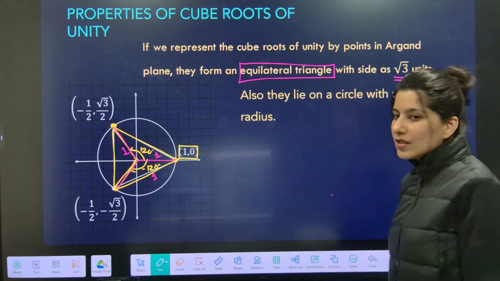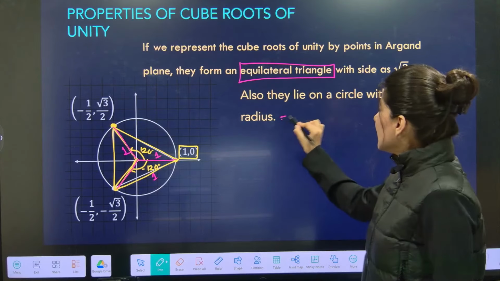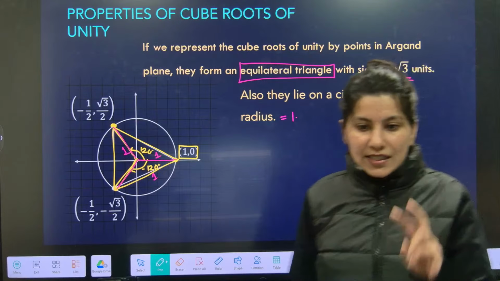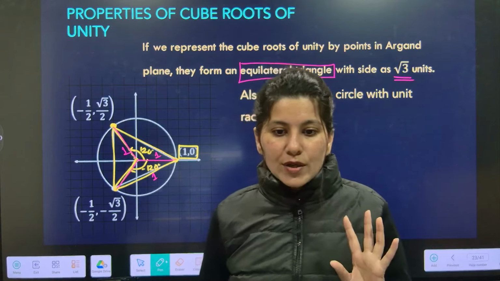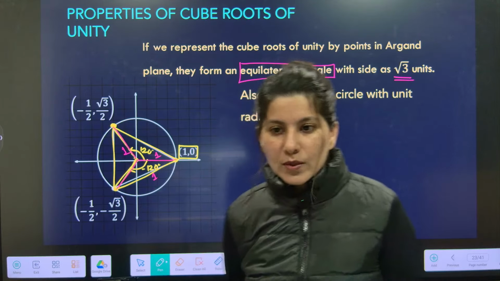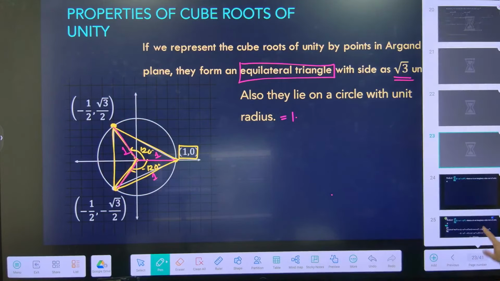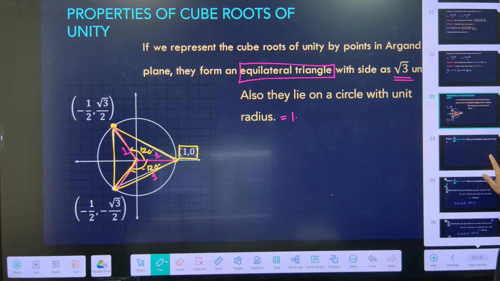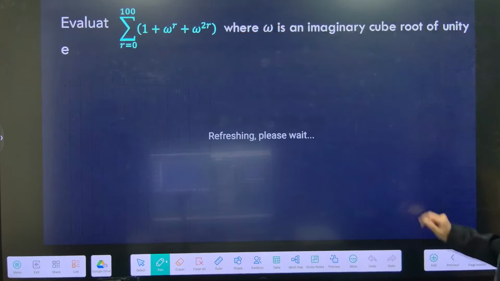Also, they lie on the circle with unit radius, that means radius is 1. These 2 things, did you understand this? All right, now let's talk about this question.